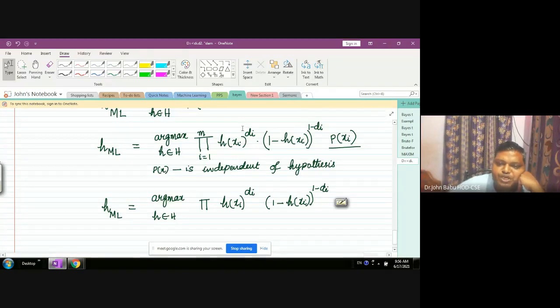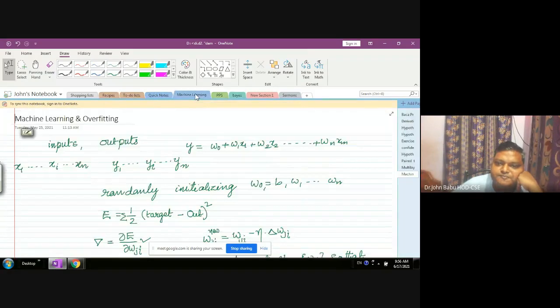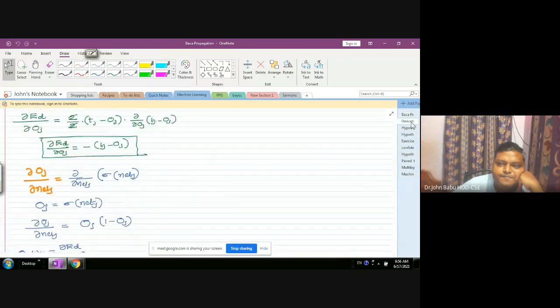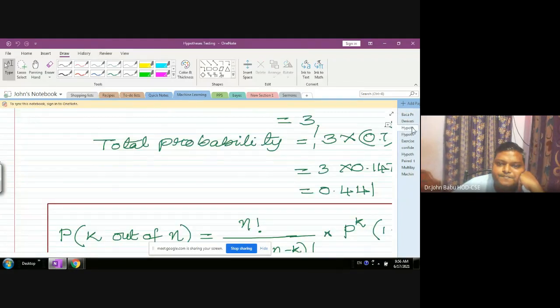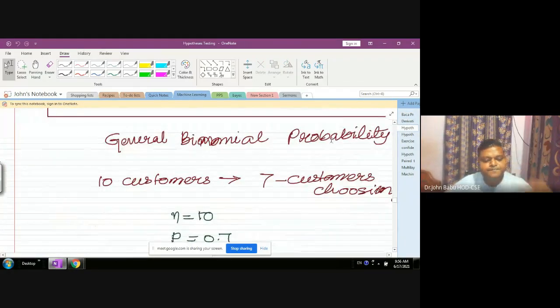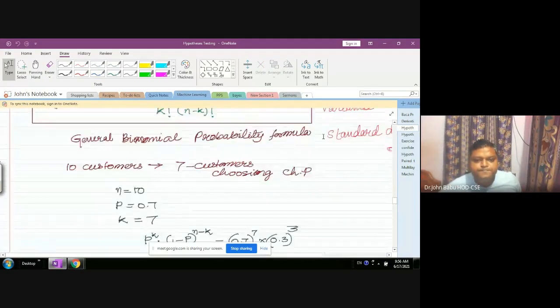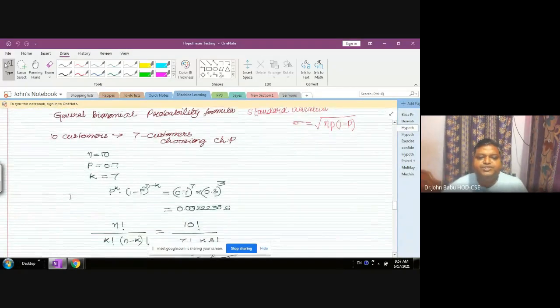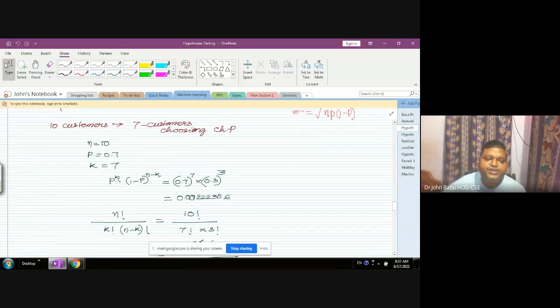Something like p to the power of r into 1 minus p to the power of 1 minus r. P to the power of k into 1 minus p to the power of n minus k. Where did we discuss this equation?